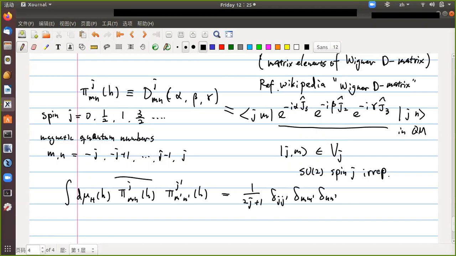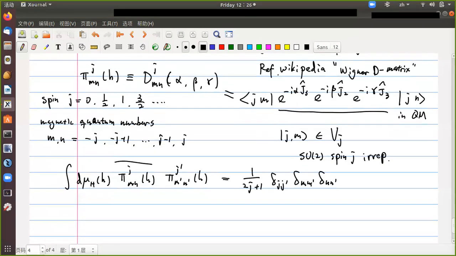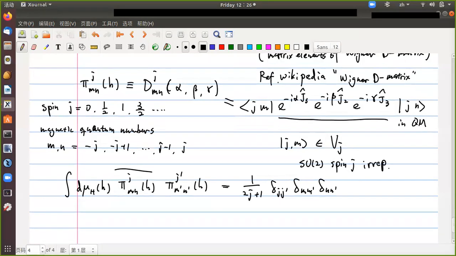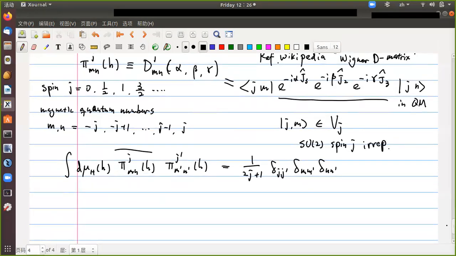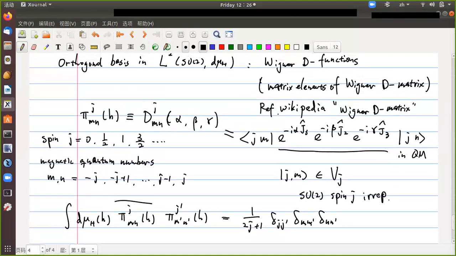If you have different j, different m, or different n, the integration just gives you 0. They are orthogonal in the L2 inner product, which is just the L2 inner product of the Hilbert space.